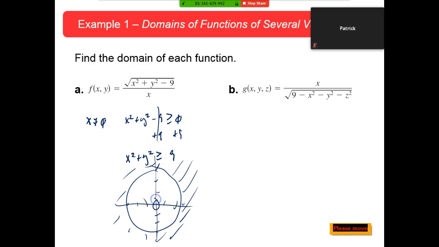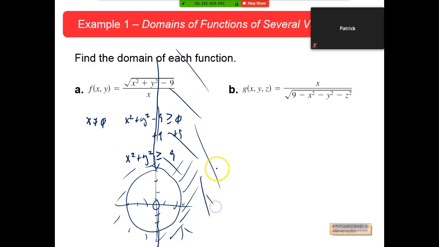Now, that automatically excludes x equals 0. Oh, it doesn't either, does it? X equals 0 would be anywhere on the y-axis, wouldn't it? So it's anything on this side of the y-axis and outside the half circle, or anywhere over here outside that. So it's not just the origin, it's anywhere x equals 0, all up and down the y-axis.